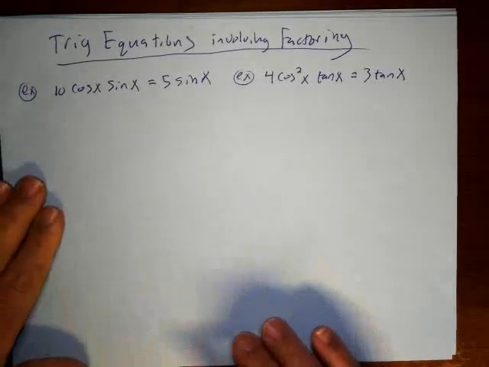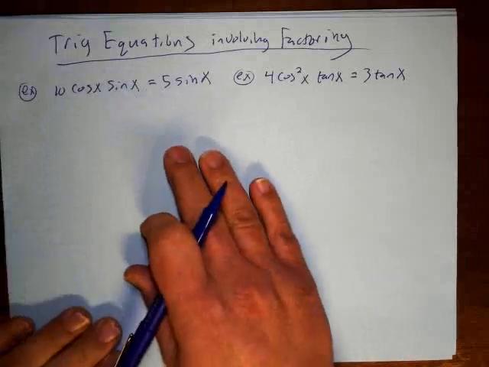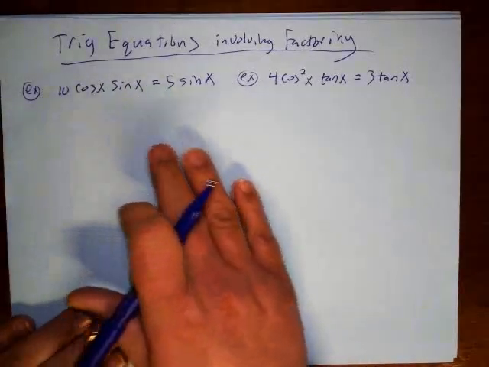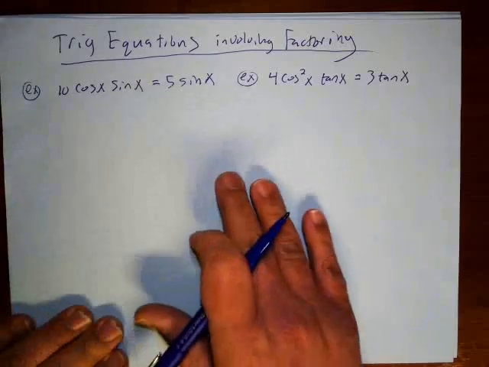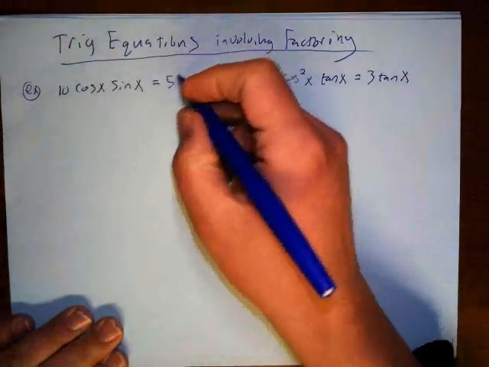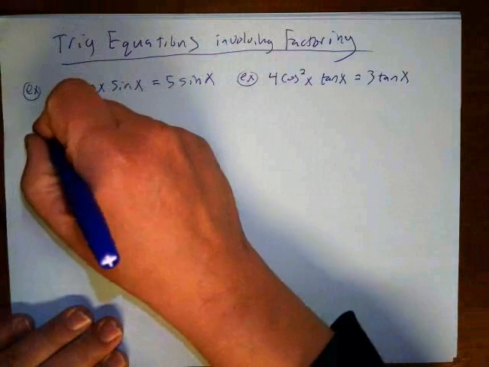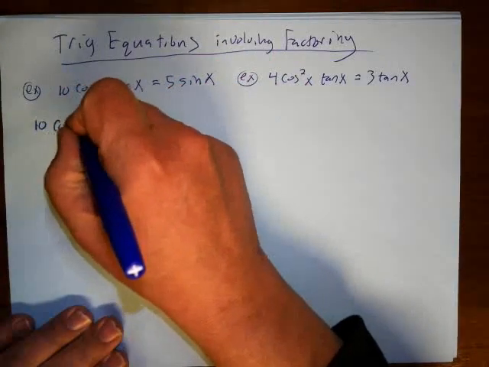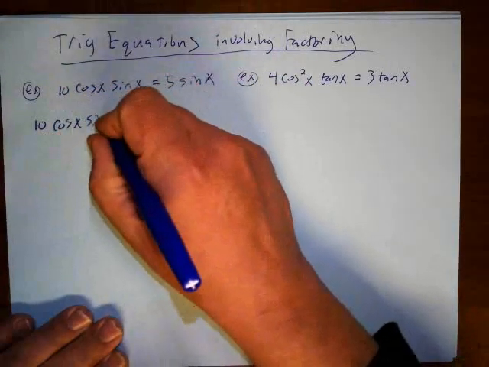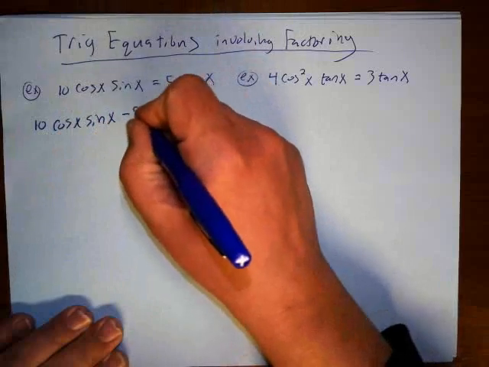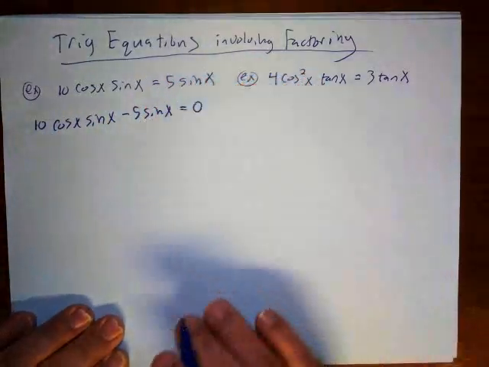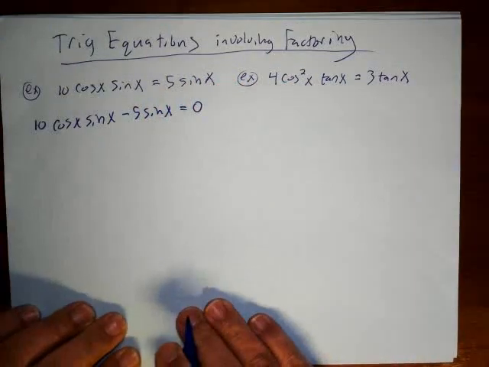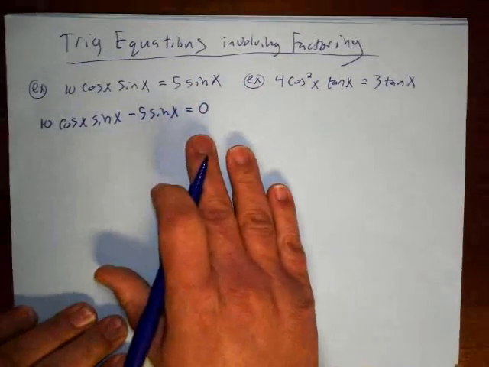So let me start with this one. This is a pretty straightforward one. I'm going to move everything to the left side so that it's all equal to 0. So I'm going to move the 5 sine x over here. Okay, so I'm setting it all equal to 0.